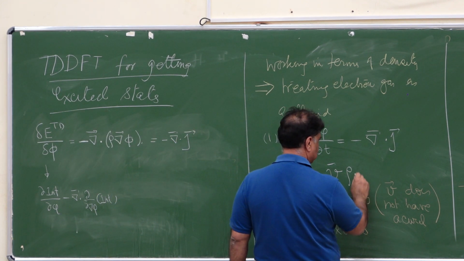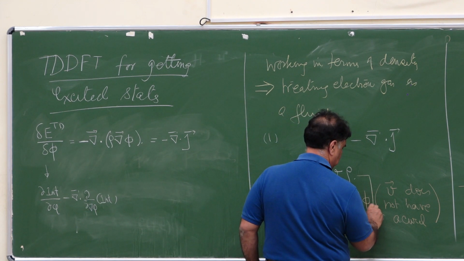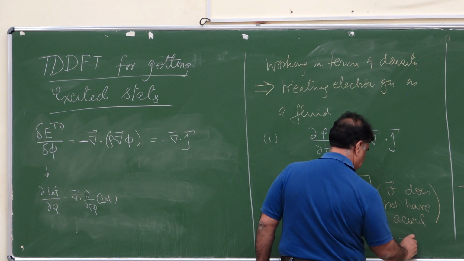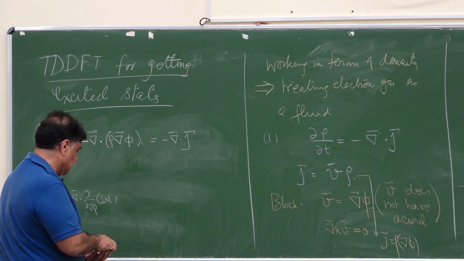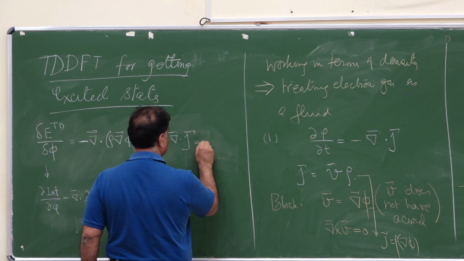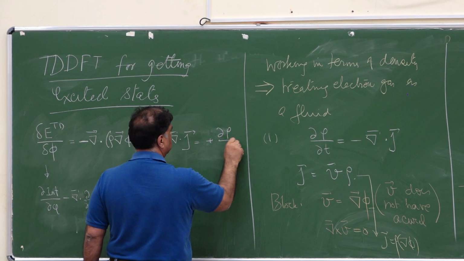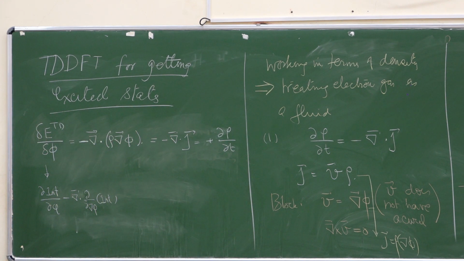We took v to be this, therefore, right here, with this, you get j equals grad phi times rho. And this is nothing but plus d rho dt. And that's Hamilton's equation. One variable, rho, this time derivative is equal to the derivative with respect to the other variable.